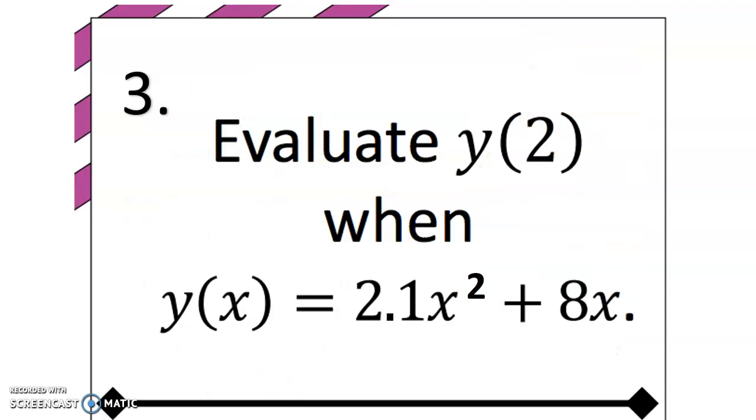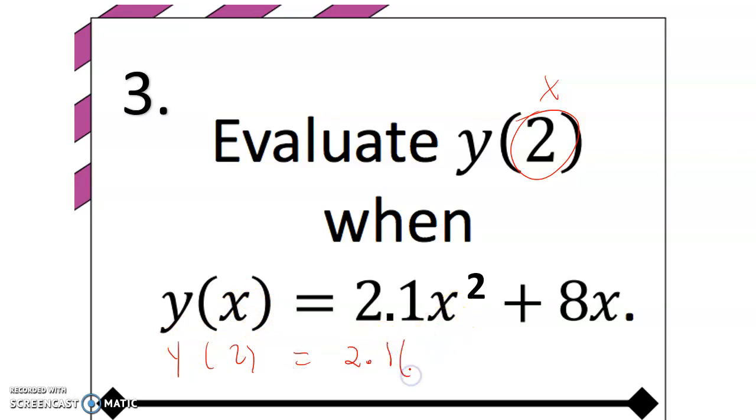Number 3, evaluate y of 2 when y of x equals 2.1x squared plus 8x. So again, we have y of 2, which means we're going to input 2 in place of x. So now I have y of 2 equals 2.1.